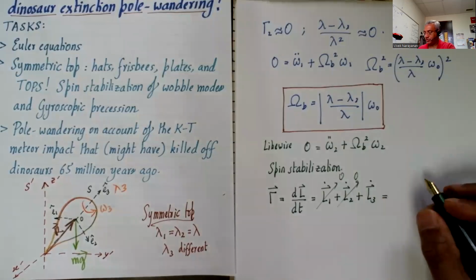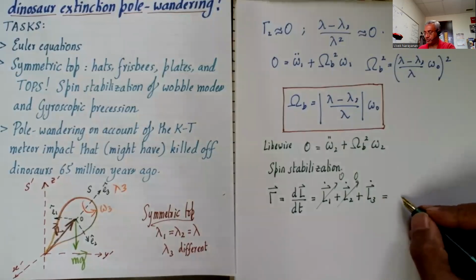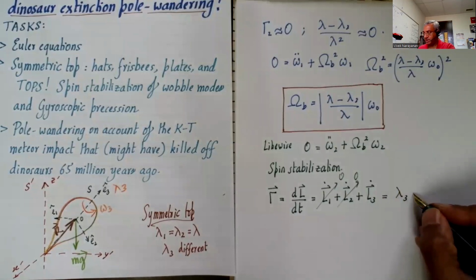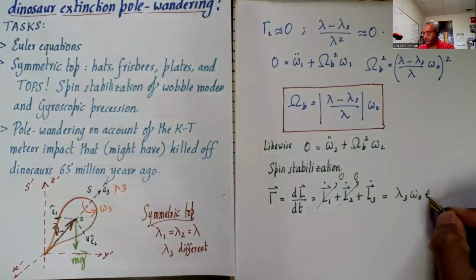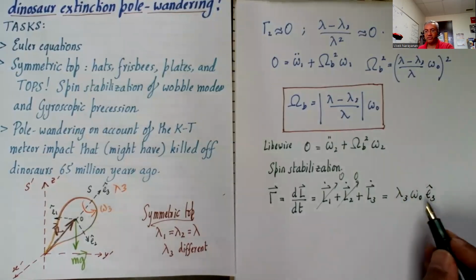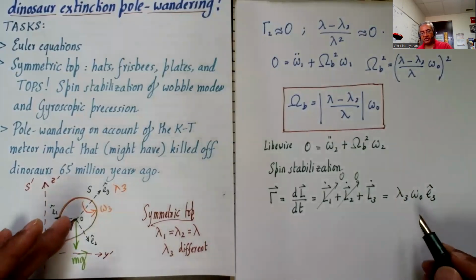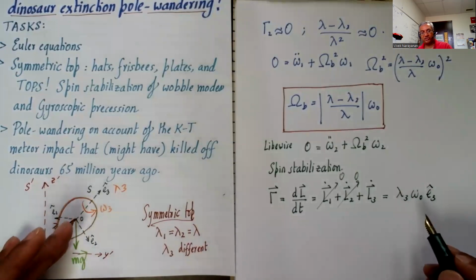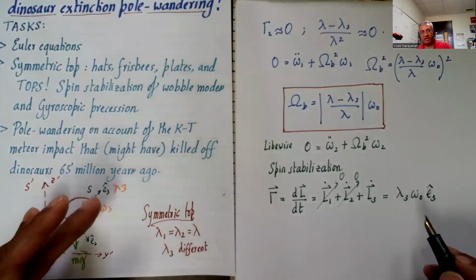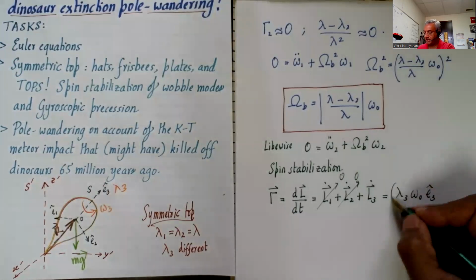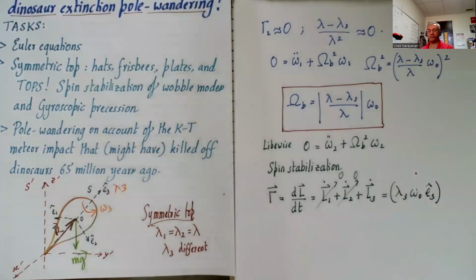And that is going to be equal to I3 times omega 3. Well, I can write that I3 times omega 3 in vector form as follows. Because omega 3, which is now called omega naught, since it doesn't change with time, is pointing along the E3 axis. So that's how you would write it in vector form, and you differentiate this.